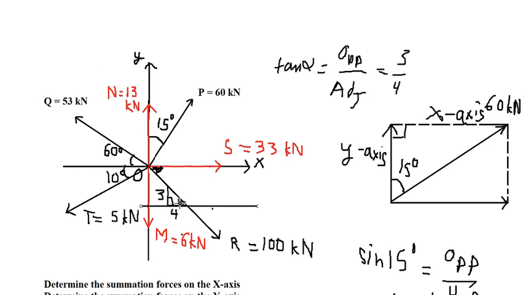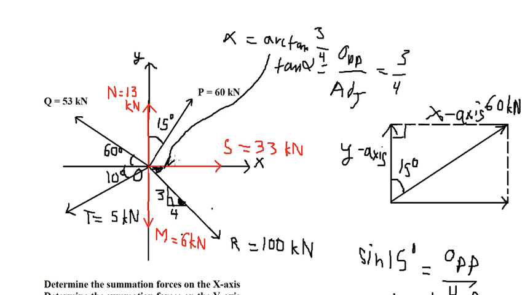That's why this one equals this one. And we have alpha equals arctan of 3 over 4. Now we can use this value in here, and now we can find the y and x-axis components for this vector in here.